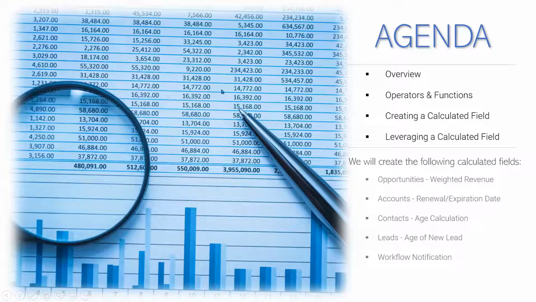We're going to look at the different operators and functions that you have, and then creating calculated fields and using them. Down here are the samples that we are going to build today.